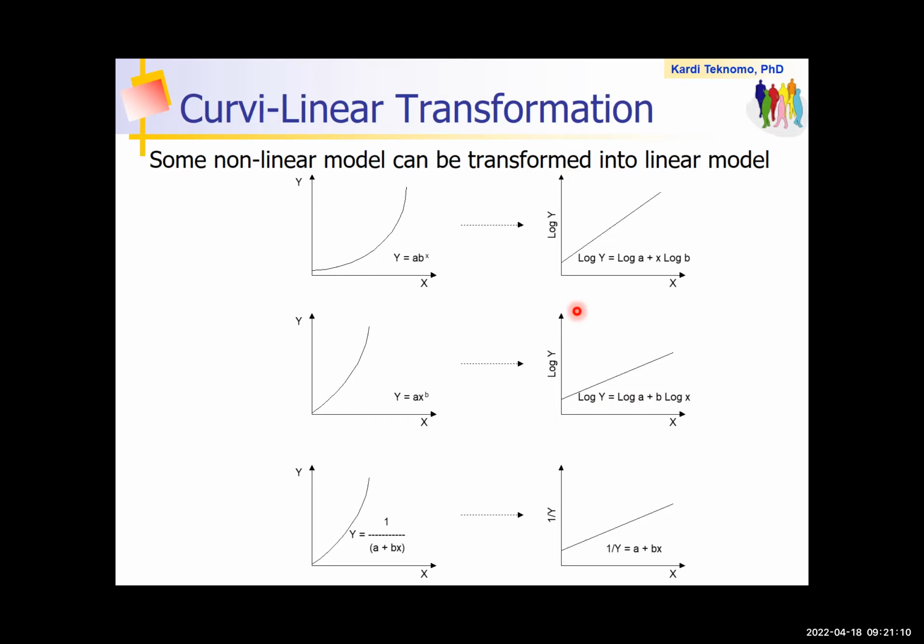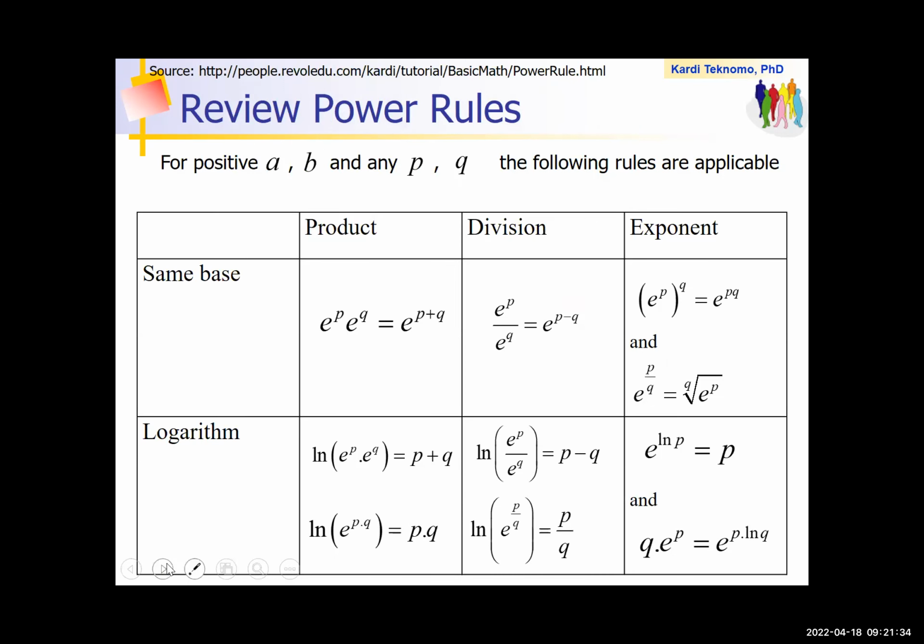So you use double log in here. This is supposed to be log x and this is log y. And if you have this kind of non-linear model, you can also transform it into a linear model by using 1 over y.